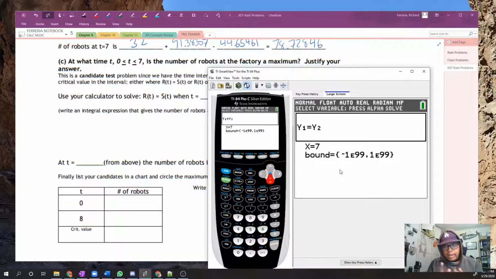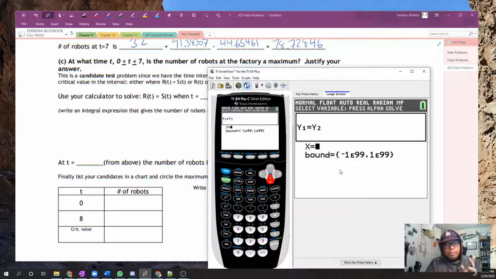Scroll down and you get to the part where it might be confusing. What the calculator is asking for right now is which variable are we solving? You would put your cursor over so that it's blinking next to the variable for which you're solving. We only have one variable. It happens to be x, so we're solving for x. Now the solution isn't 7. The calculator is waiting for you to say, hey, where do you want that solution closest to?